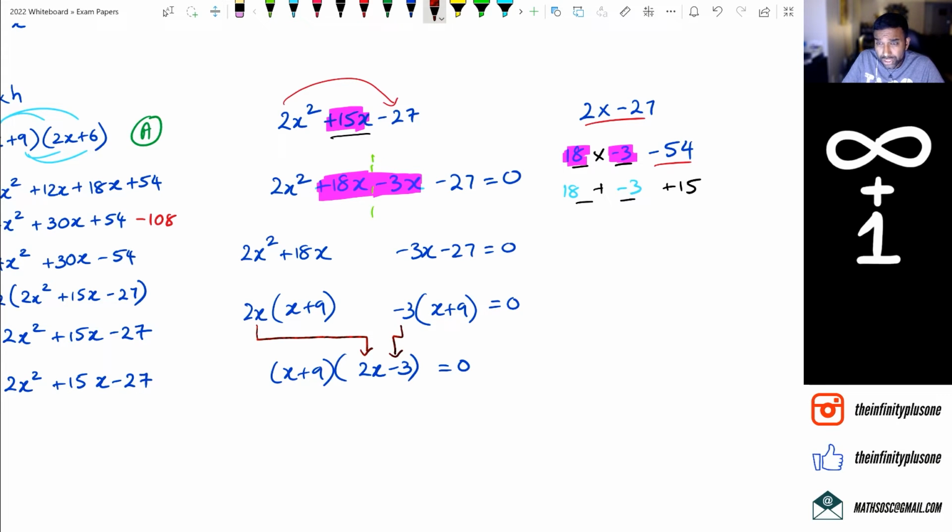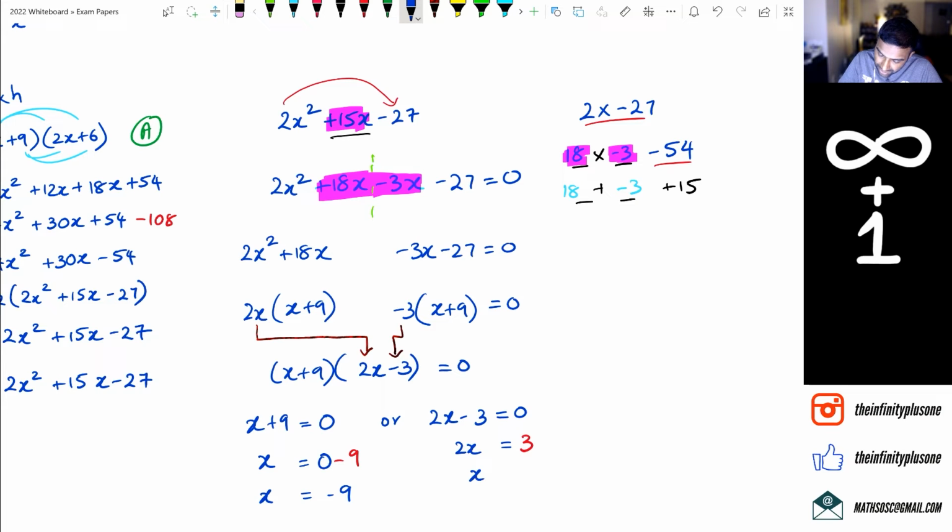We're not finished yet because we still need to figure out what x is. So we've got x plus 9 is equal to 0, or 2x minus 3 is equal to 0. Now x plus 9, in this case, just becomes 0 minus 9, so x is equal to negative 9. And in this case, we've got 2x is equal to positive 3, because 0 plus 3 is just 3.